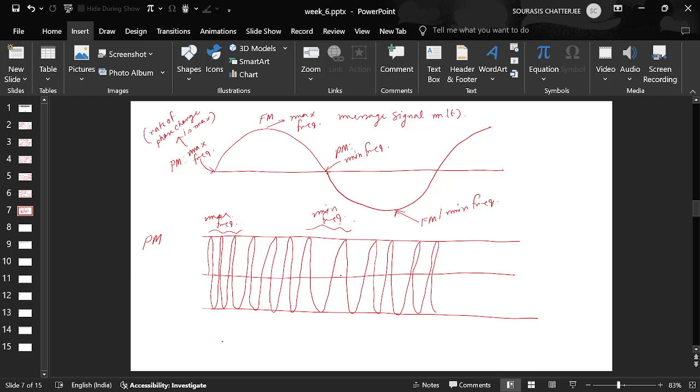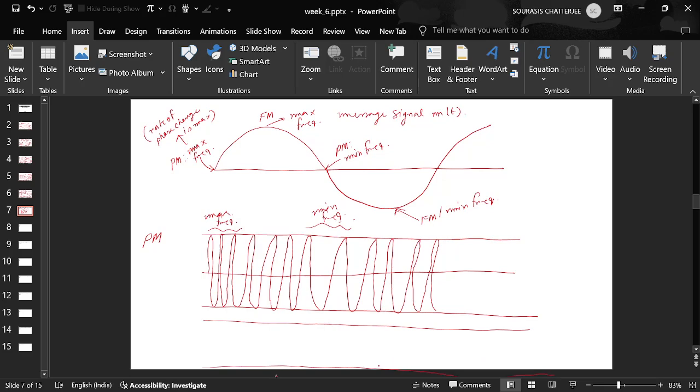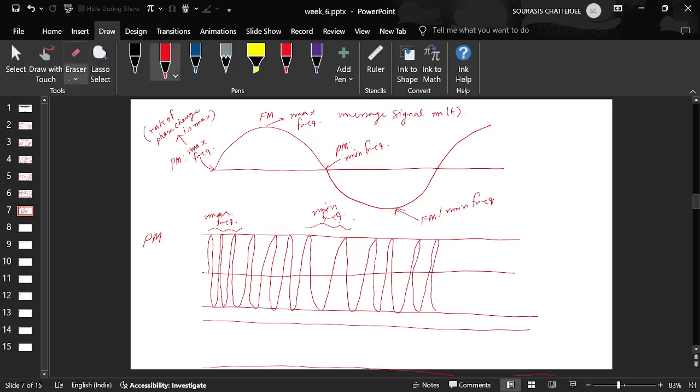Next we try to draw the same for the frequency modulated signal. There is not much room, but I'll just try. First I'm drawing this constant amplitude part. This line went pretty bad, sorry about that.